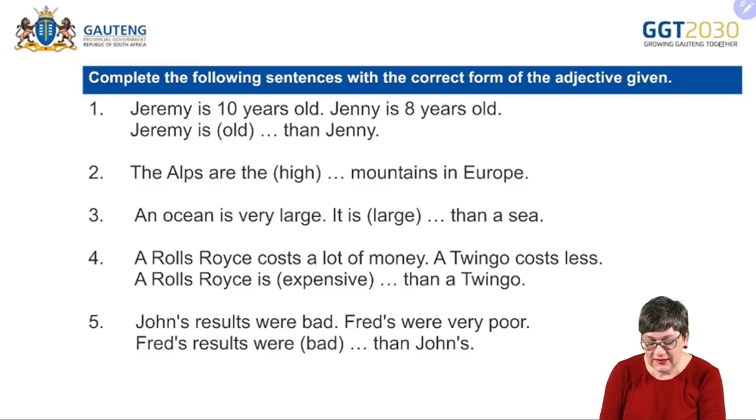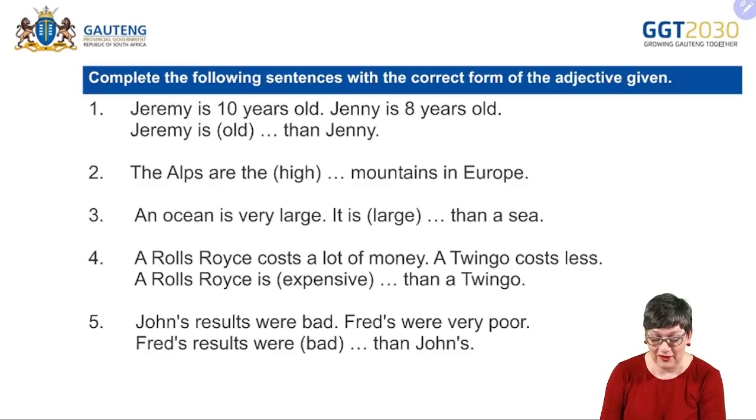So if you look at the first one, Jeremy is 10 years old, Jenny is 8 years old, and then we have Jeremy is old than Jenny. And then number 2 said the Alps are the high mountains in Europe. Number 3 said an ocean is very large. It is large than a sea.